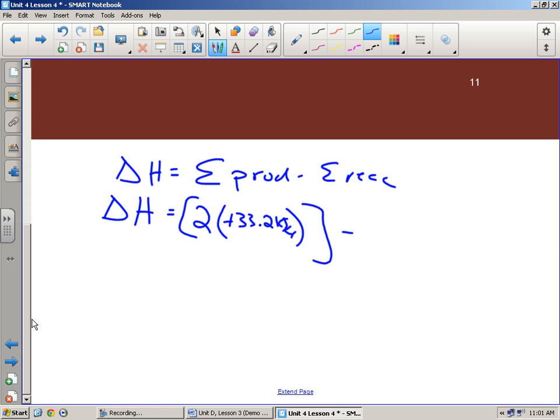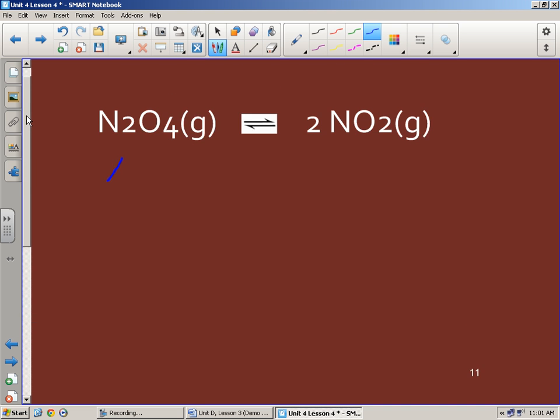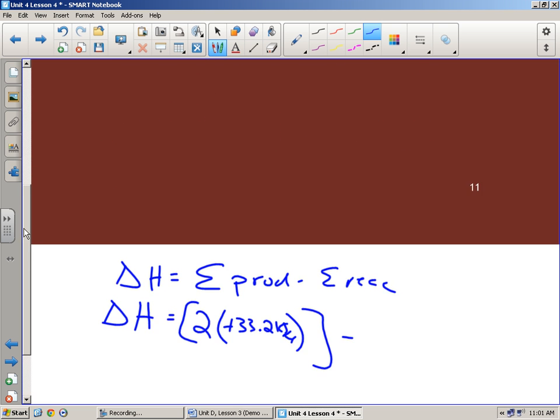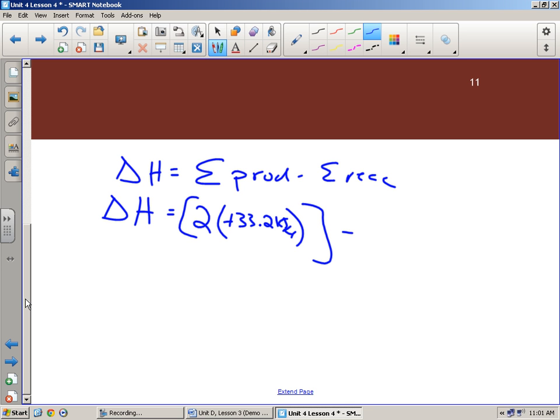And the reactant side, I have N2O4, and only got 1 of those. So minus 1 times N2O4, dinitrogen tetroxide, which happens to be a positive 11.1 kilojoules per mole.